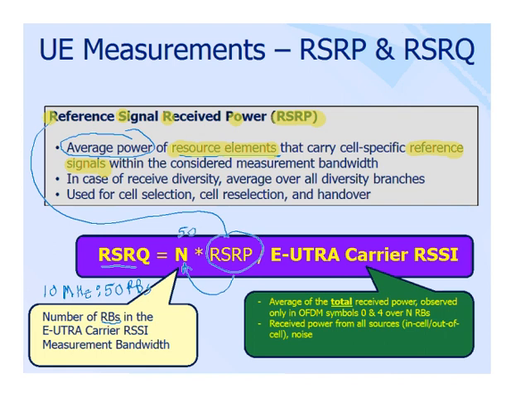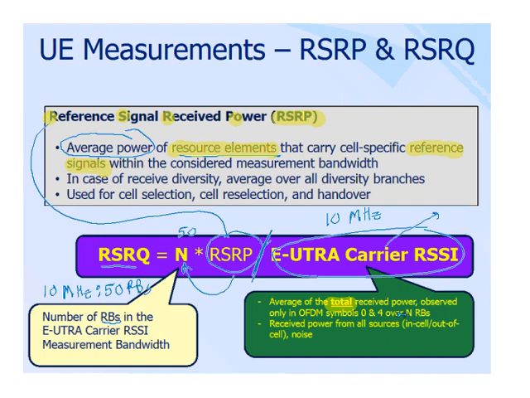Divided by the total power that we receive on all the resource blocks. So whatever power you are measuring in your 10 megahertz bandwidth on the LTE carrier frequency, that would be your RSSI, received signal strength indicator, total power.